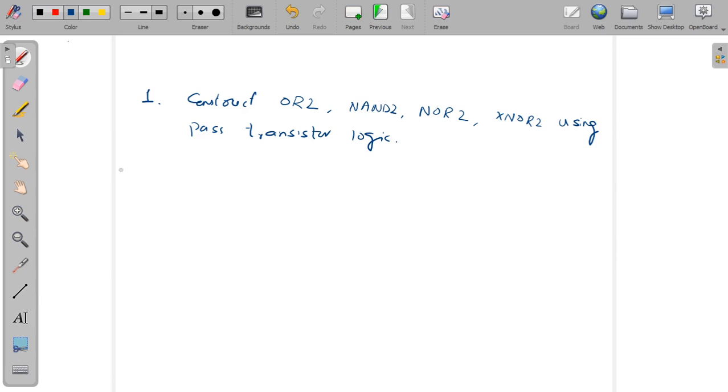One more homework I am giving here: read from the book about complementary pass transistor logic, that is CPL.